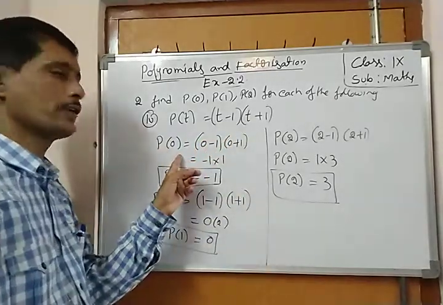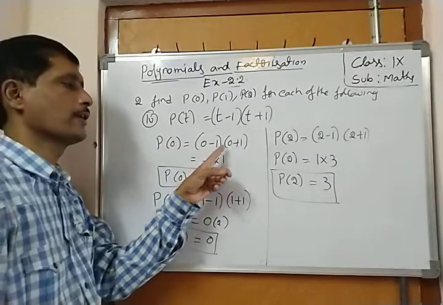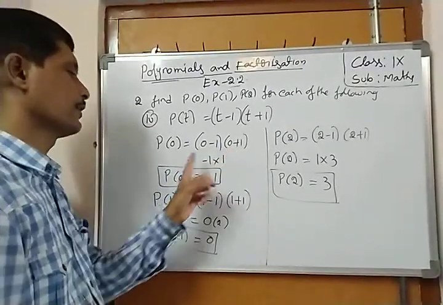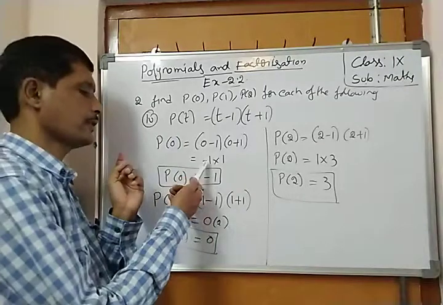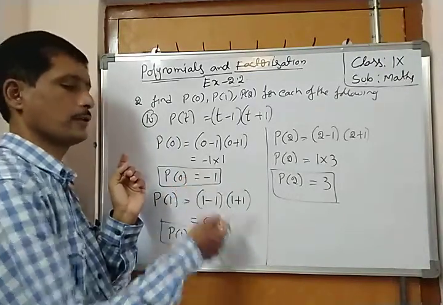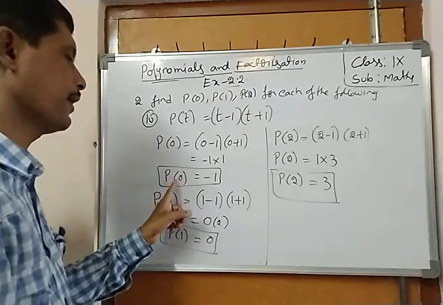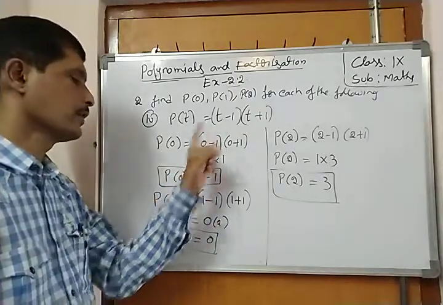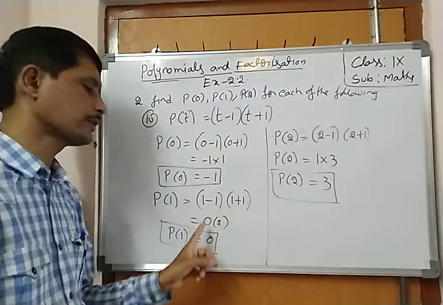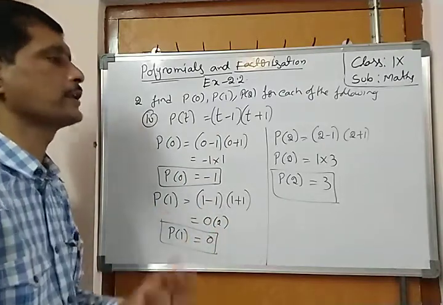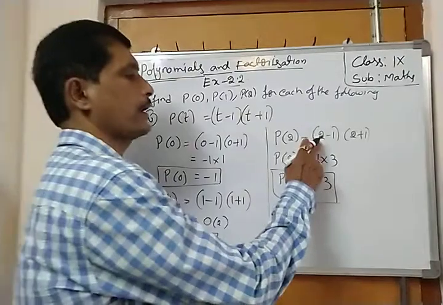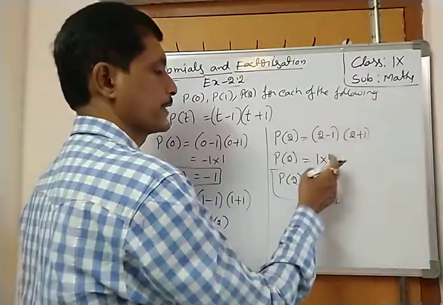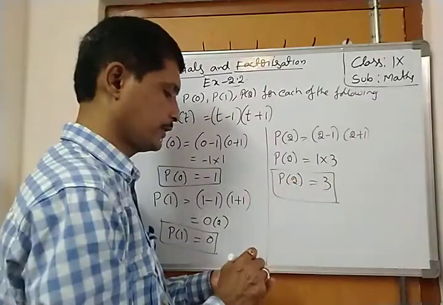Therefore p of 0 equals (0 minus 1)(0 plus 1), that is minus 1 into 1, so p of 0 is minus 1. p of 1 equals (1 minus 1)(1 plus 1), that is 0 into 2, which is again 0 only. p of 2 equals (2 minus 1)(2 plus 1), that is 1 into 3, so p of 2 is 3.